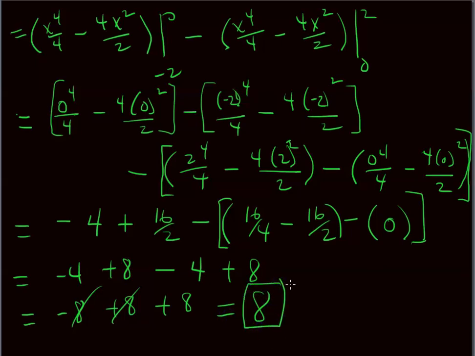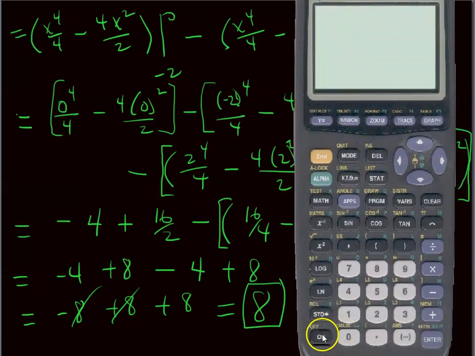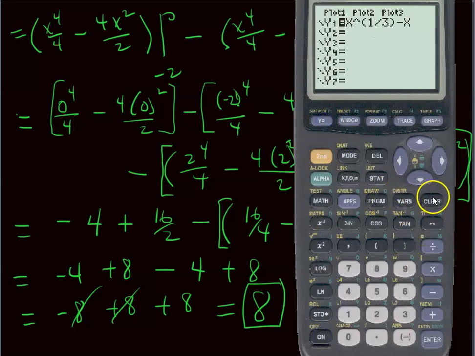Now you might say to yourself, gosh, I have to go through that and I don't know if that's right or wrong. Well, you can check it. Your calculator can do definite integrals. Let me pull mine over here. Let's look at clearing this out. Okay, so we need the function, not its antiderivative, the x cubed minus 4x.